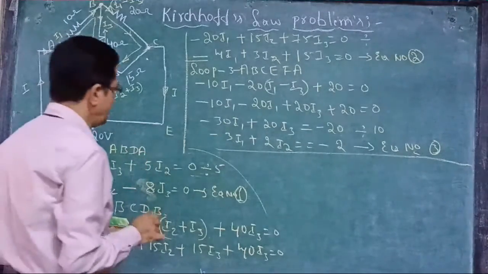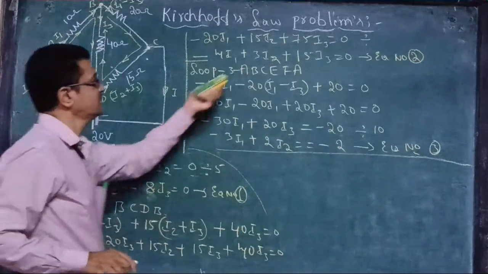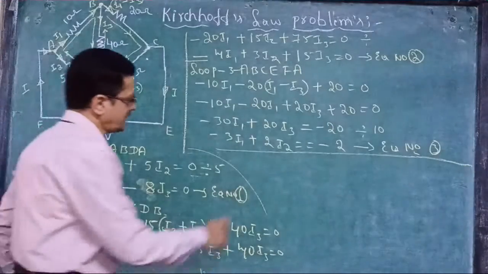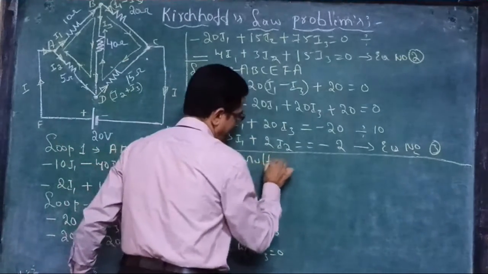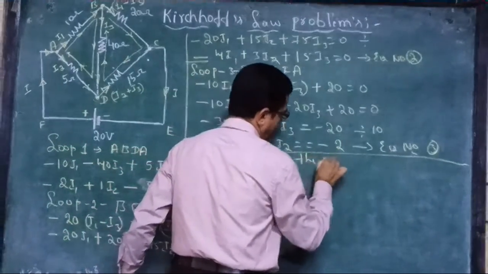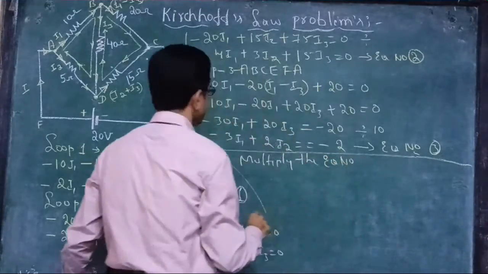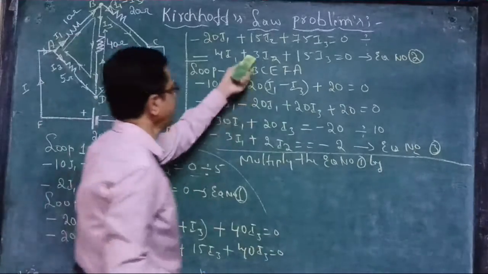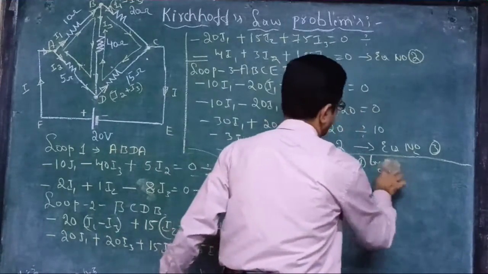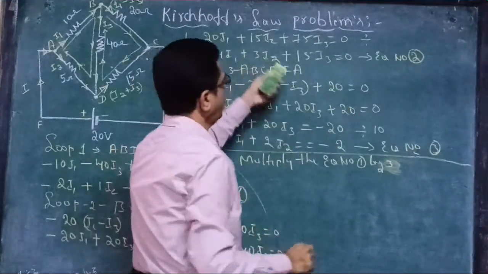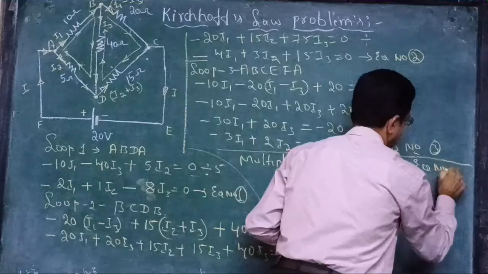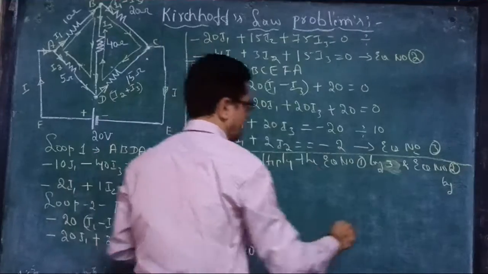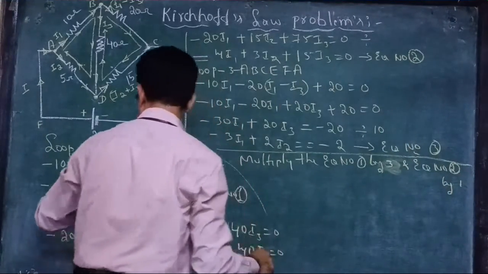That's why we should multiply equation number 1 by 3 and equation number 2 by 1. So I have to write: multiply equation number 1 by 3 and equation number 2 by 1.